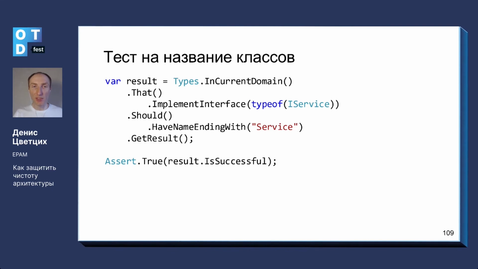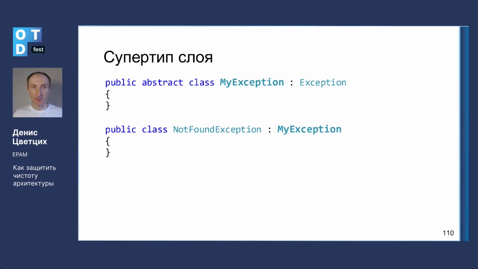In such a case, we might have a test where we have such interfaces and we check that their names end with the word Service, which checks the naming convention.